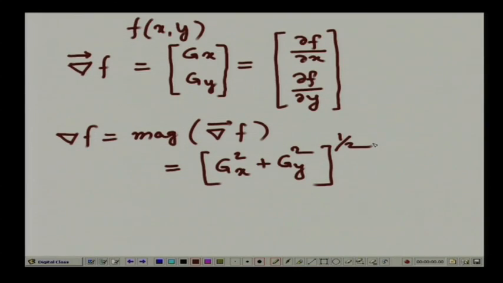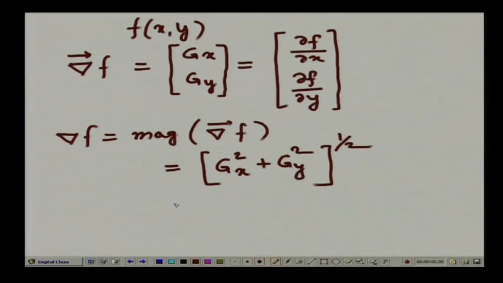Computation of the magnitude involves squaring the two components g_x and g_y, adding them, and then finally taking the square root of this addition.